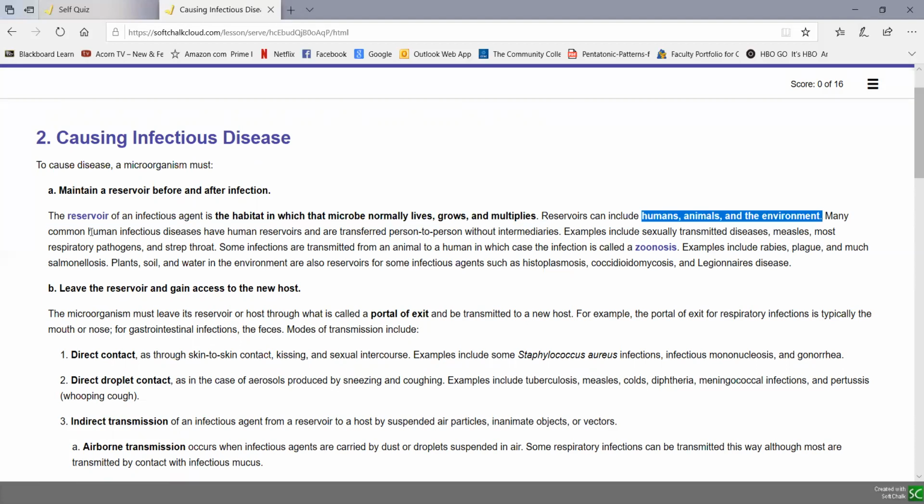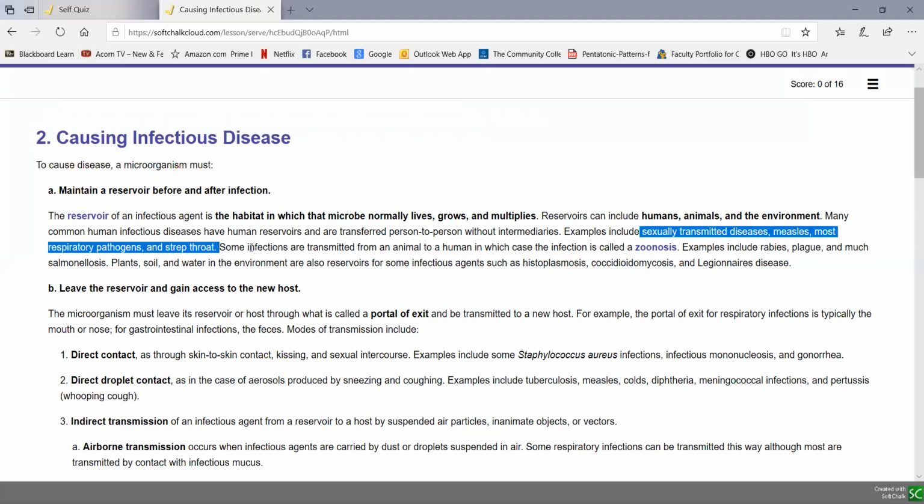Many common human infectious diseases have human reservoirs and are transmitted person to person without any intermediaries. Some examples of human reservoirs that transmit disease would be, of course, sexually transmitted diseases, measles, most respiratory pathogens, and strep throat. In this case, the human is the reservoir for the microorganism.